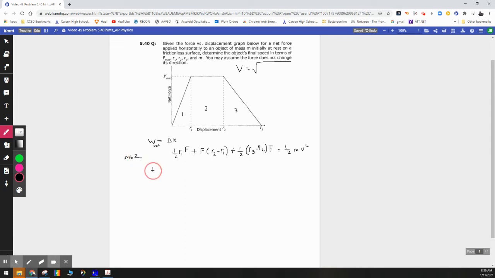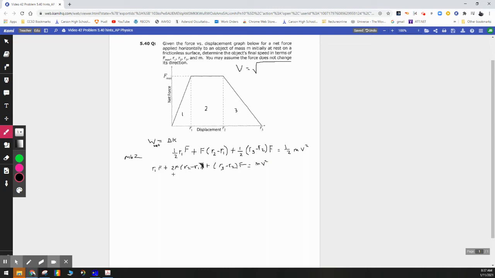When we do that, we'll have R1 times F, plus 2F times R2 minus R1, plus R3 minus R2 times F, and it's going to equal mv squared.